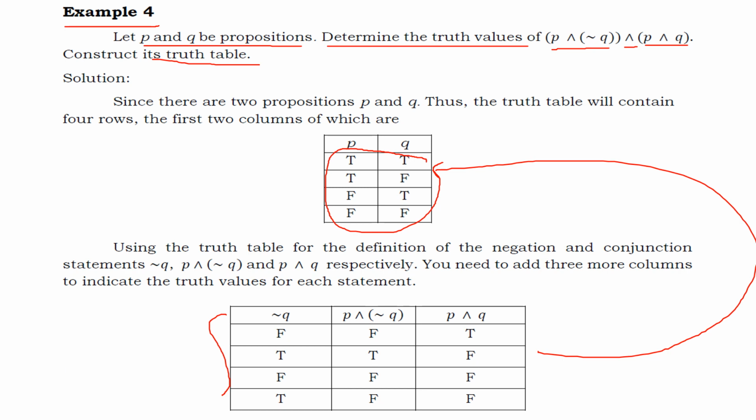Now, for your P conjunction negation Q and your P conjunction Q, respectively, you need to add 3 more columns to indicate the truth values for each statement. That's why we come up with the second table here with your third, fourth, and fifth columns that we're going to attach to your first 2 columns.